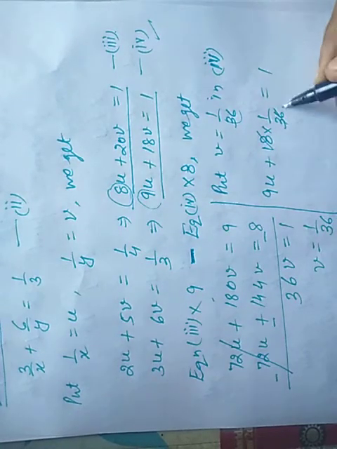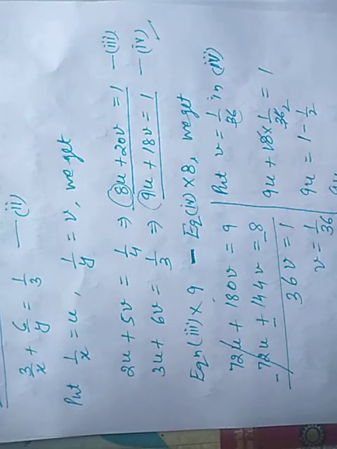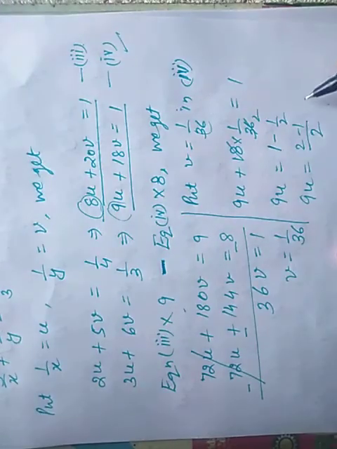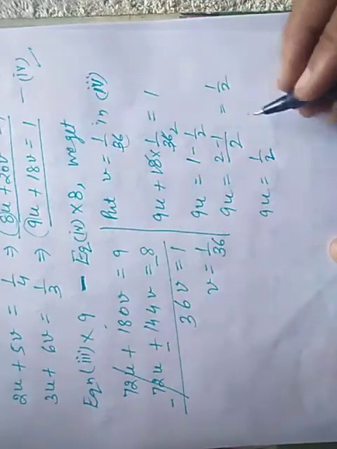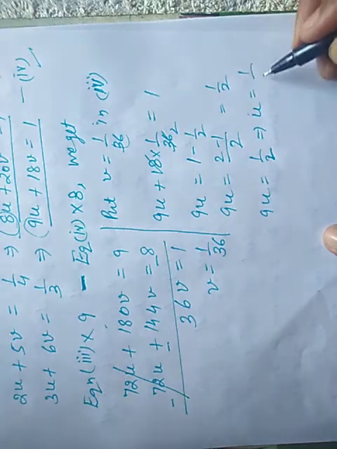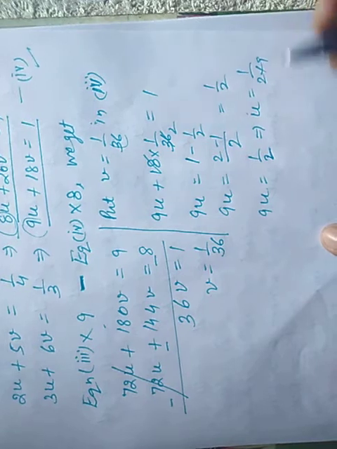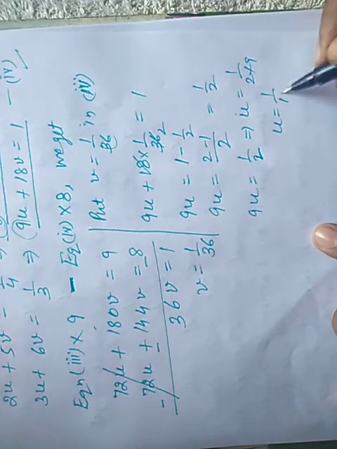So 18 by 36 is 1 by 2, and it will be here 9u is equal to 1 minus 1 by 2, which is equal to 1 by 2, and 9u is equal to 1 by 2. Okay, it implies finally u is equal to 1 upon 2 into 9, and the value of u is 1 upon 18.